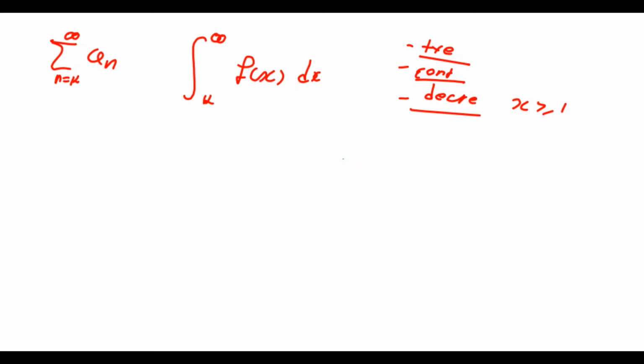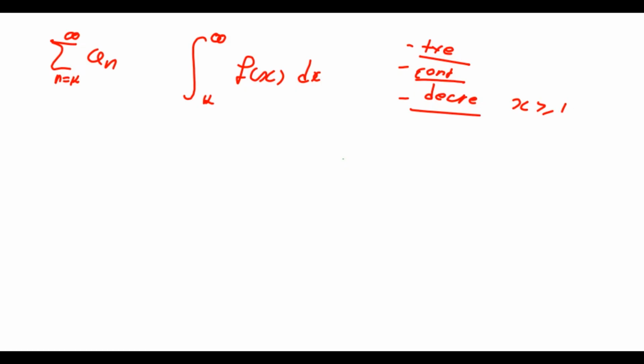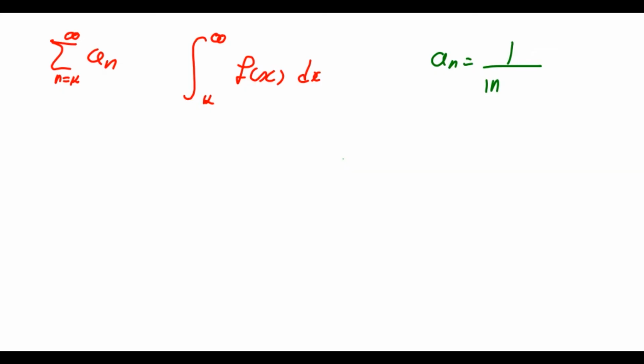Okay, if you look at the examples that we are given, I'll use example 4a, that is 1 divided by n times ln of n to the power 2. Of course, you have to remember some methods of integration here. You are given your a sub n equal to 1 over n multiplied by ln of n, squared.